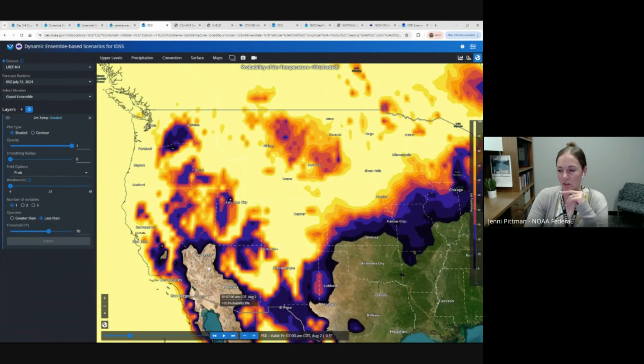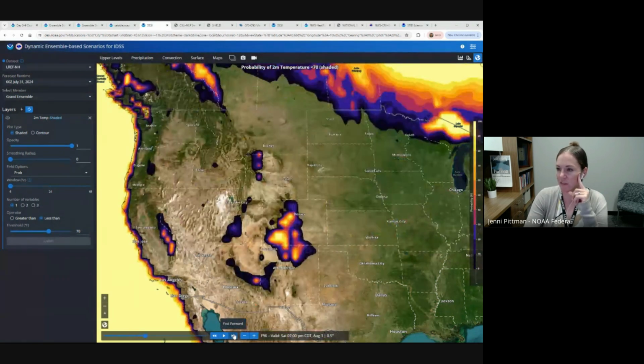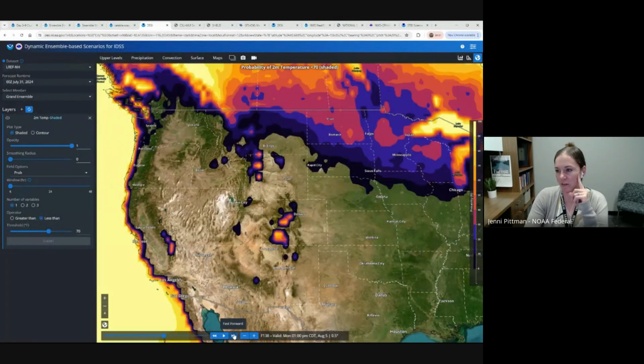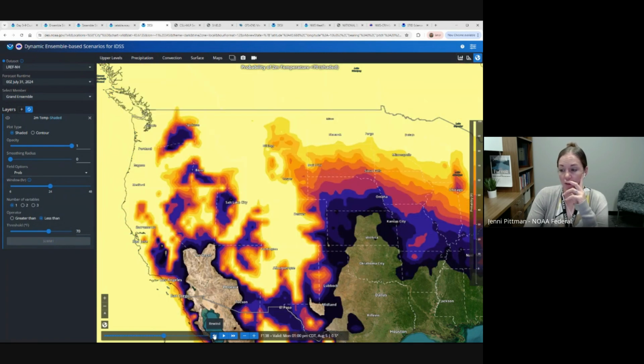So just seeing, is there any probability that it's going to get cooler than 70 during the overnight period? And as we go into that higher heat period, let's do a 24-hour window. You see that some areas may not get below 70. And again, that's a threshold that you would know from your partners and would be able to look at.